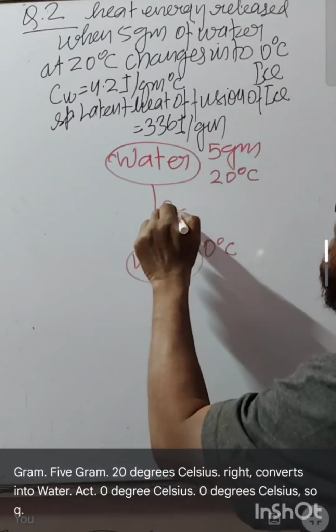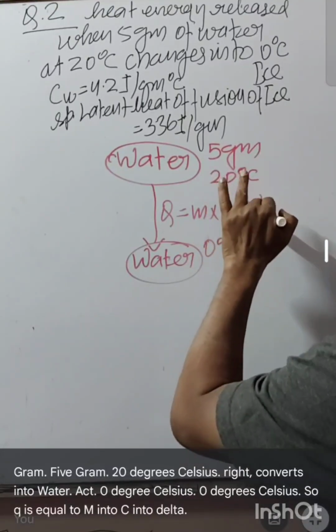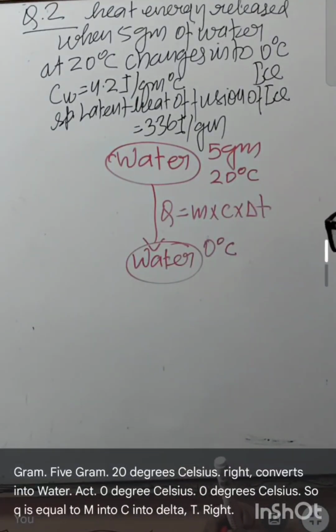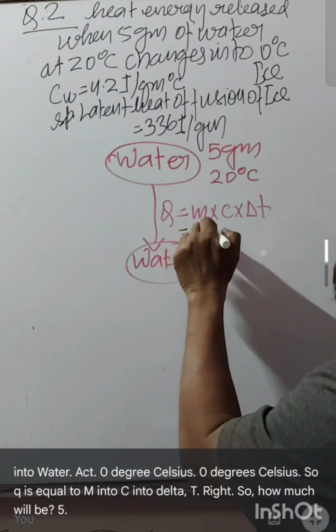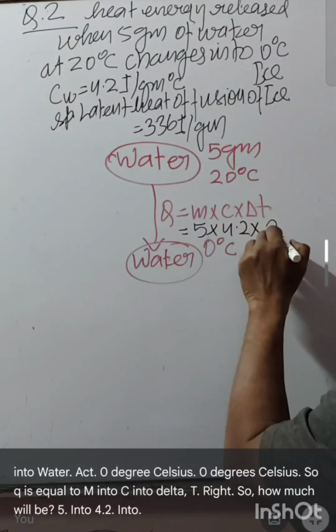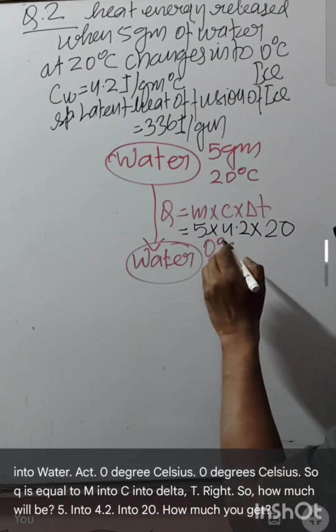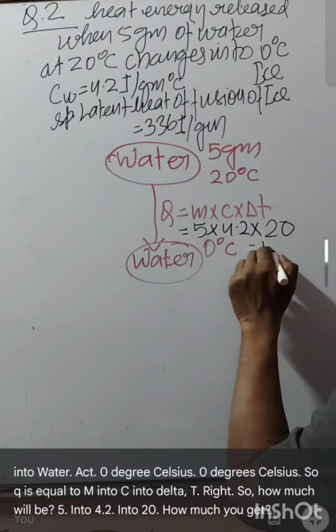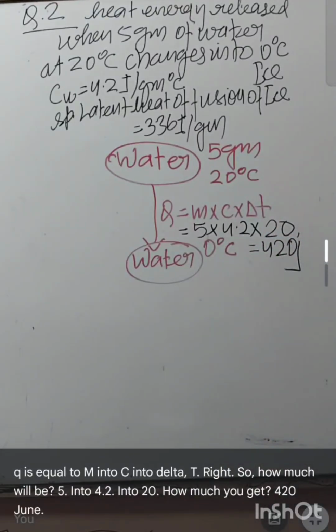So Q is equal to M into C into delta T, right? So how much will be 5 into 4.2 into 20? How much you get? 420 joule. Hello. Yes, sir.